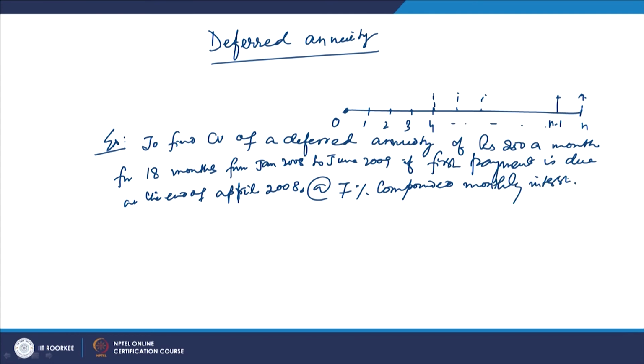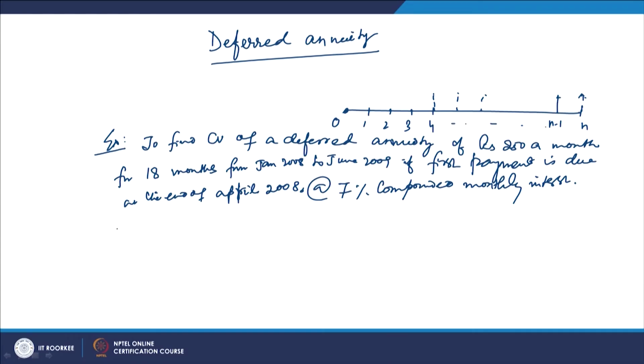So, what I mean to say here is that this is the type of cash flow diagram which will look like this, and it starts from April. So, it means it is going from the 4th period, and n will be a total of 18 months. So, n1 will be 18 and n2 will be maybe 3, and you have to first get the current value using 18, and then another value using n2 as 3.